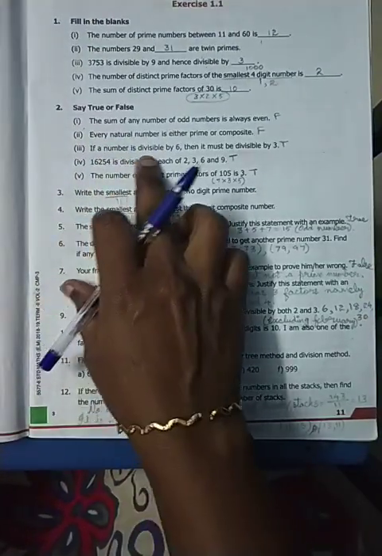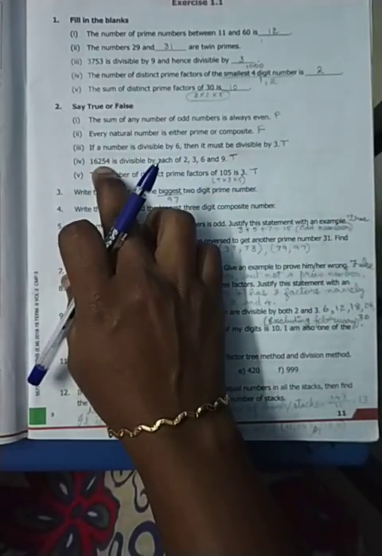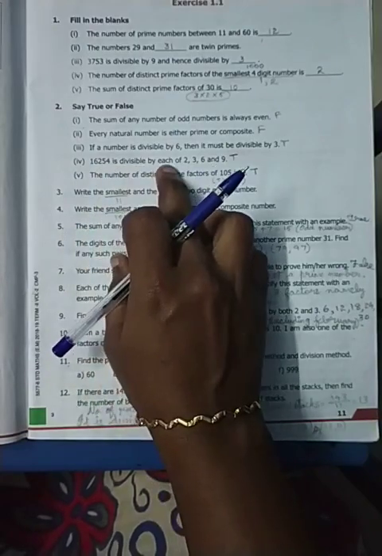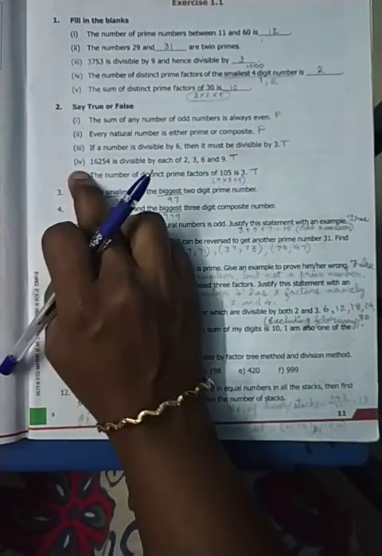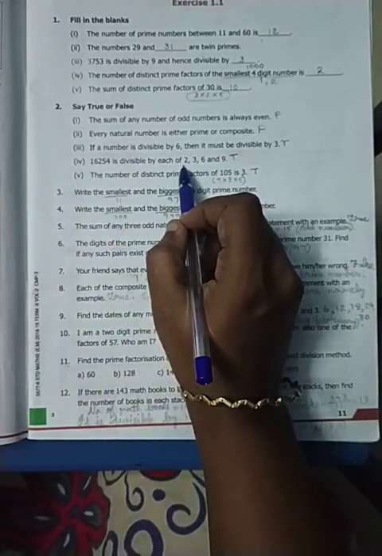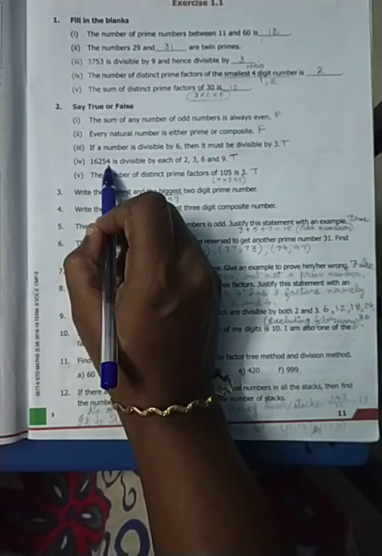Okay. If a number is divisible by 6, then it must be divisible by 3. It is true. Then, 16,254 is divisible by each of 2, 3, 6 and 9; we have to test and see. For 2, it ends with 4, so it is an even number, so it should be divisible by 2.